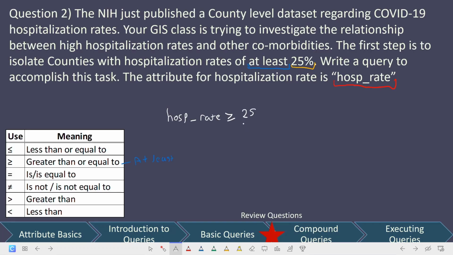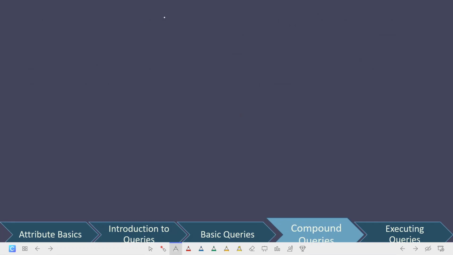So that's how we handle basic queries. Let's look at making this a little bit more advanced by doing something called compound queries. With the basic queries, what we were doing was writing up a comparison of one variable to one value. With compound queries, we can start to connect multiple queries together.